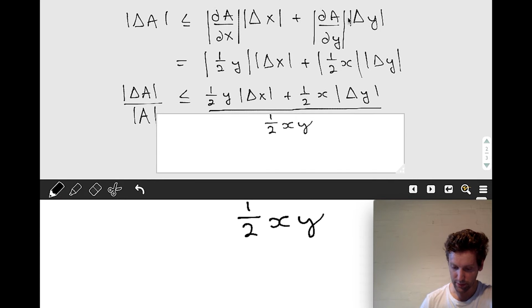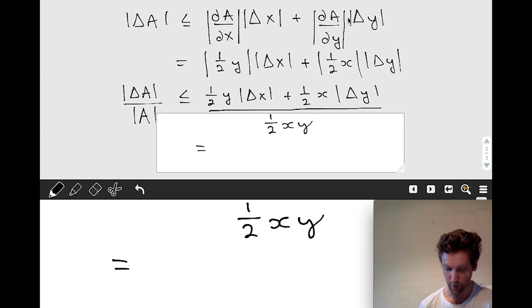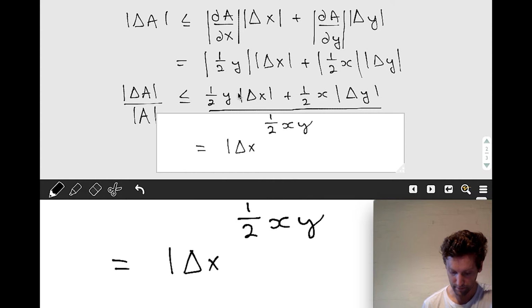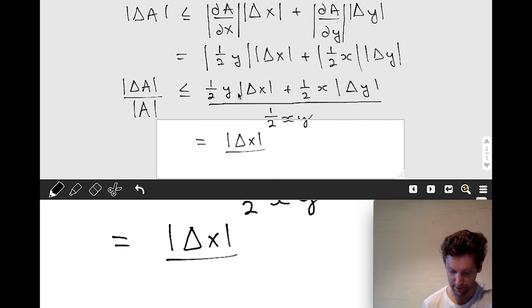So let's see what that expression becomes when I do some cancellation. I've got 1/2 y delta x divided by 1/2 xy. So you can see that the factor of 1/2 times y will cancel with the factor of 1/2 times y in the denominator, and leave me with delta x divided by x.